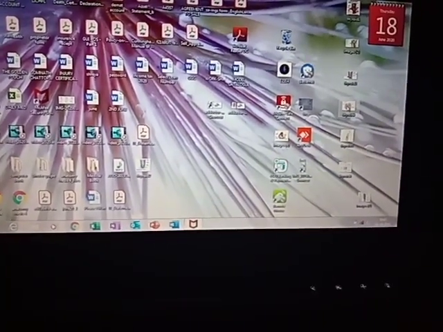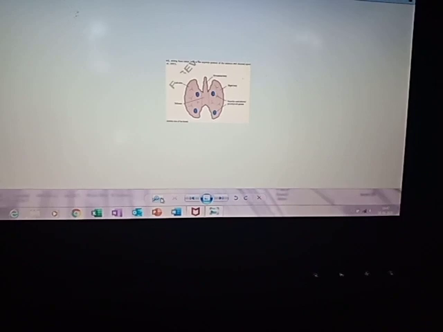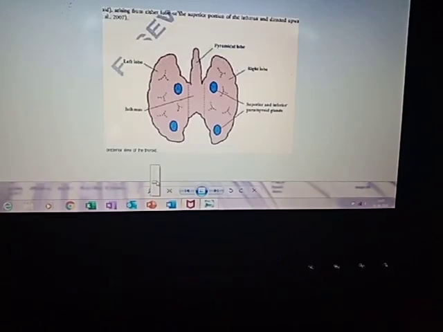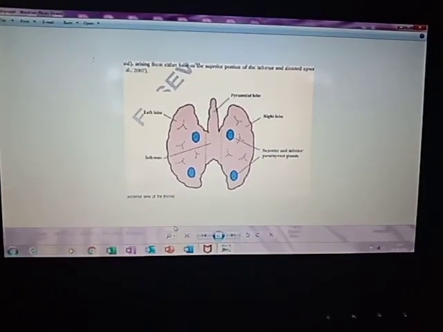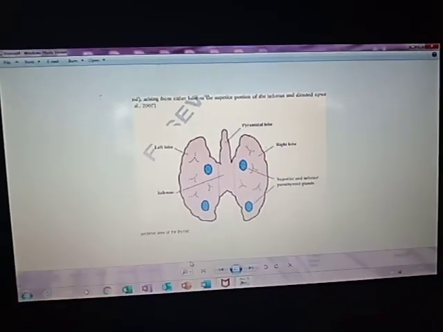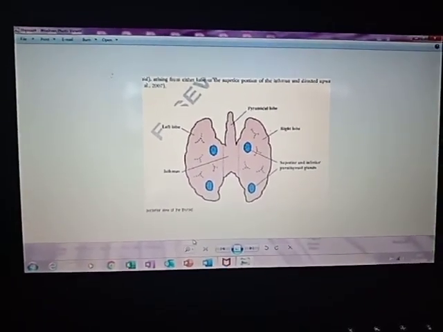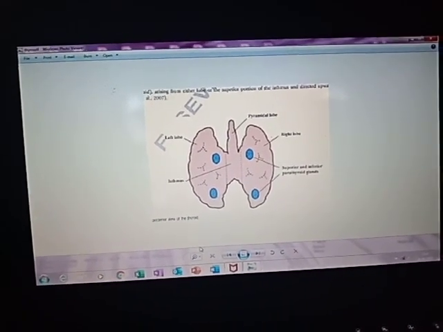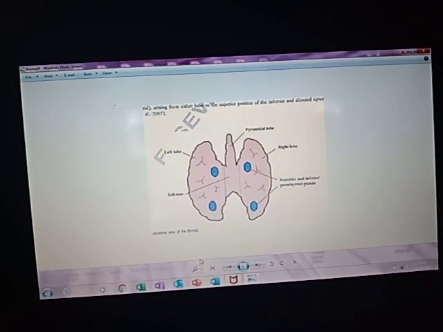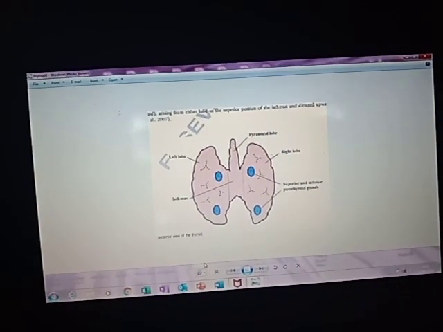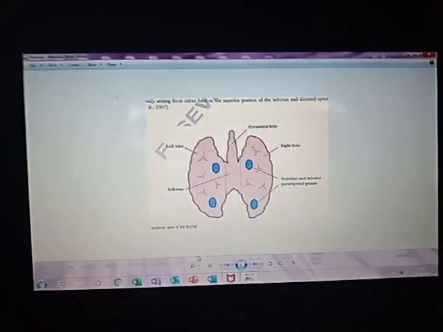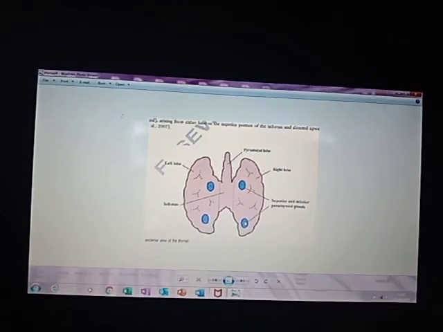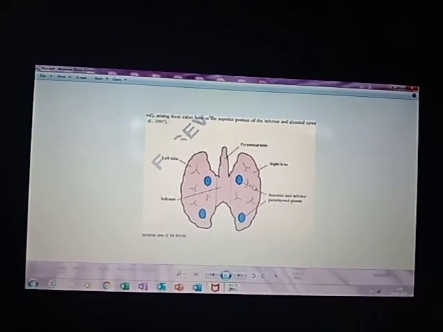Then come to this picture. You are seeing some dots. These are the superior and inferior parathyroid glands, located on the posterior surface of the gland. They are small pea-like structures embedded within the sheath or capsule of the gland.